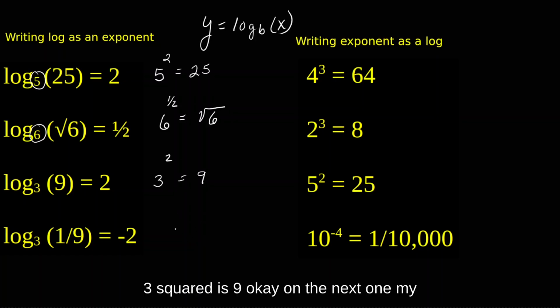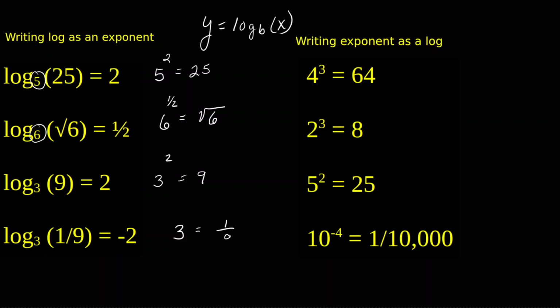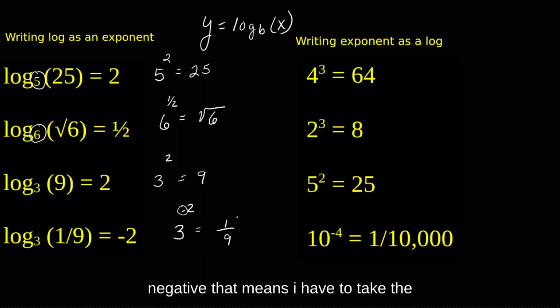On the next one, my base is 3. I know my answer is 1/9, -2. So by getting rid of the negative, that means I have to take the reciprocal. So that means that 3 squared goes to the bottom, so it'll be 1/9.